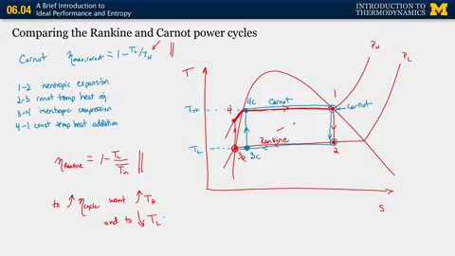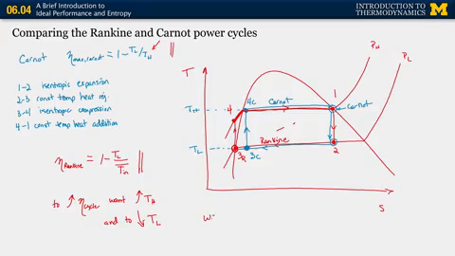Okay, so we look at our Rankine diagram, we say, how can I increase T high? Well, increasing the high temperature process is the same thing as increasing the pressure when you're in the dome. So what we want to do is increase the temperature of the boiler by increasing the pressure of the boiler.